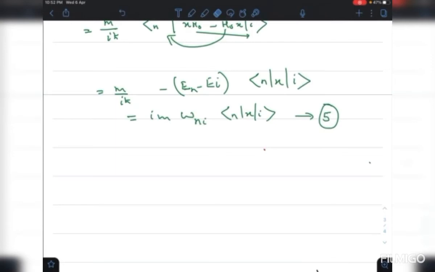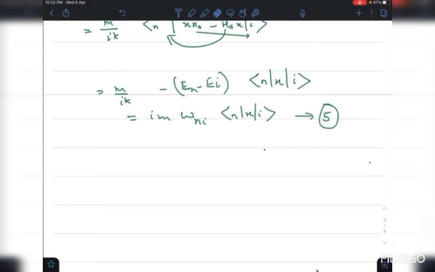So now we have seen that e raised to i omega by c n dot x epsilon dot p, in terms of the matrix element between n and i, is equal to i m omega ni n x i.